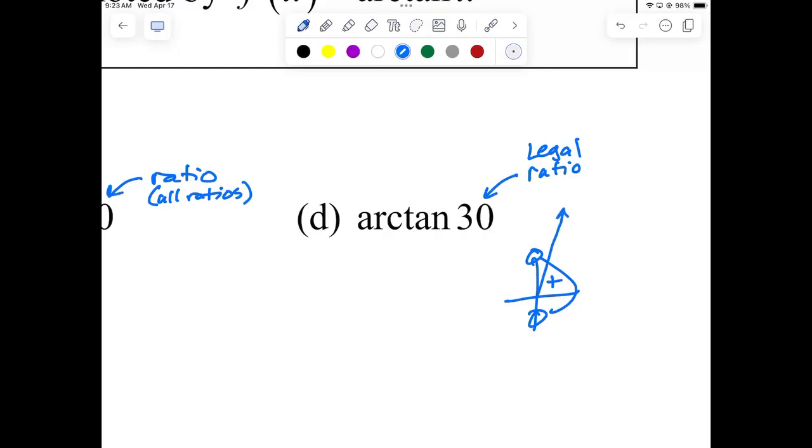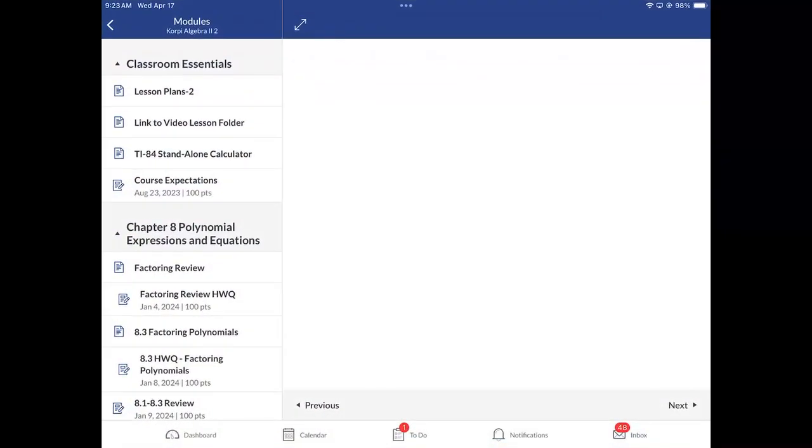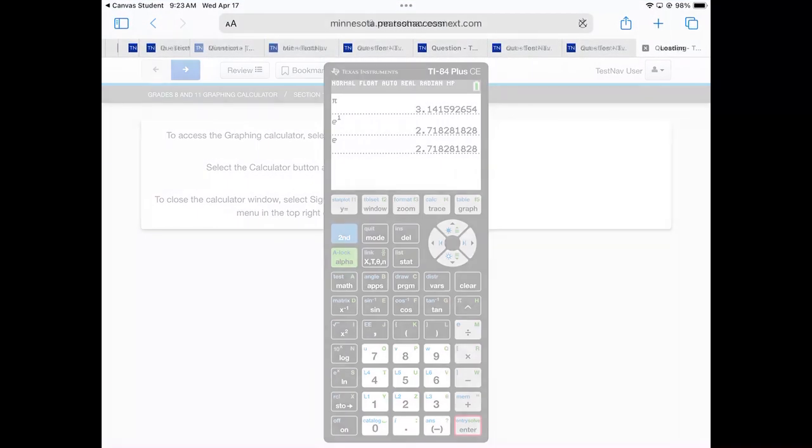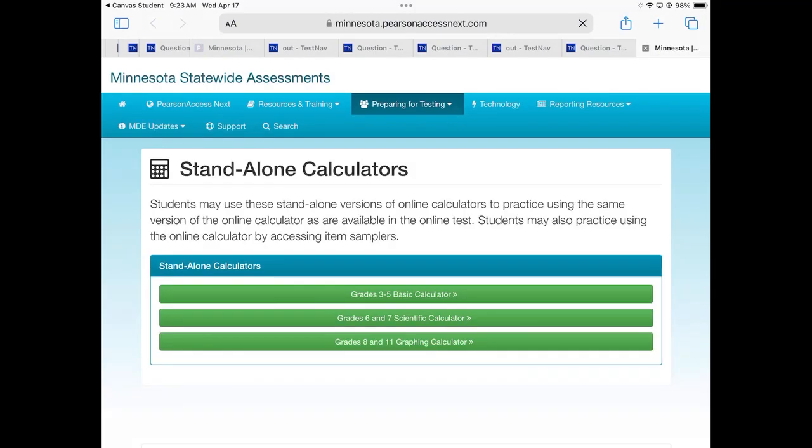Now, to find that, we would have to go to the calculator. And if we do it in radians, arctangent of 30, let's see if I can pull it up here. Come on, Minnesota. Minnesota. The state bird is the mosquito.